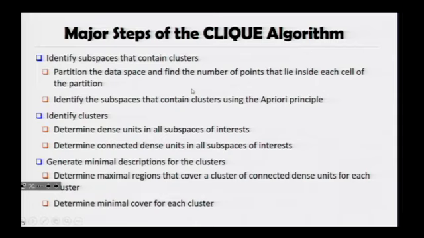Next, they use the density-based idea to identify the clusters within each subspace of interest, and use those connected dense units to form the clusters in those subspaces. Then they generate the minimum descriptors for those clusters in those subspaces, and they recursively do this by involving more and more subspaces into consideration.